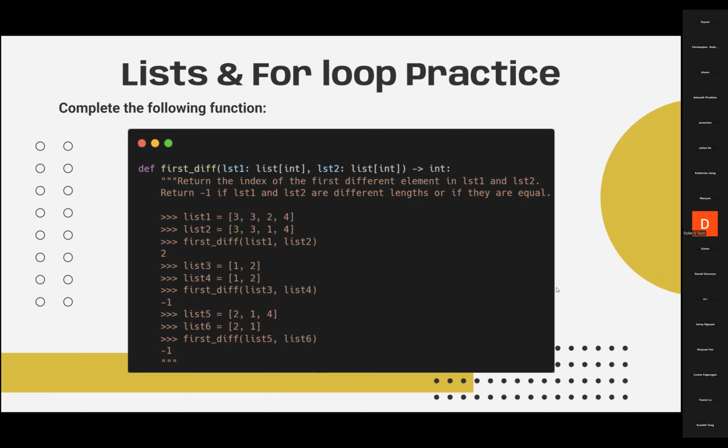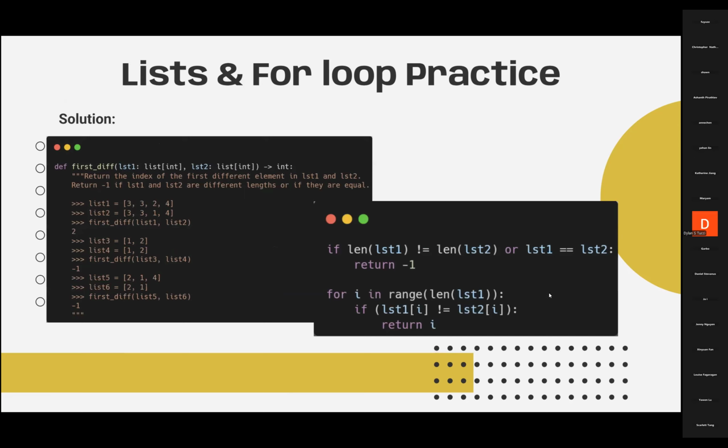So this question is like a parallel list. But the point is that they don't have the precondition that the length of list 1 and the length of list 2 are equal. So before we use range to traverse it, we have to first check their lengths.